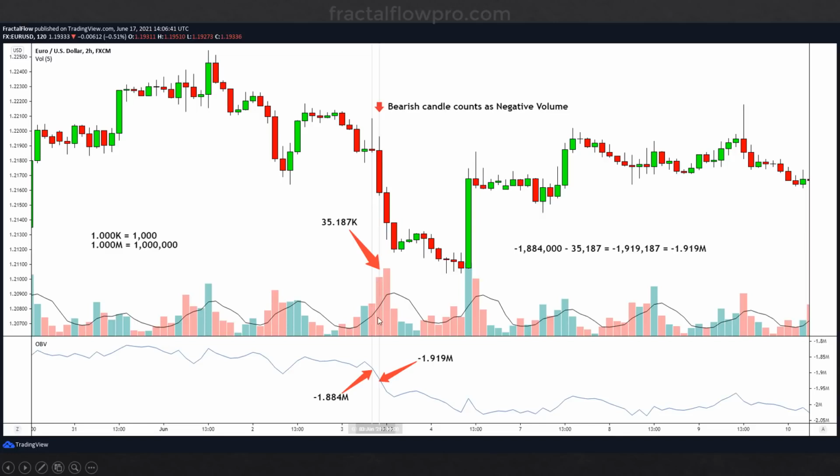The OBV value in the first period is minus 1.884 million, which means minus 1.884 times 1 million. In the next period, we have a large bearish candle with a volume equal to 35.187 thousand, which is the same as 35.187 times 1000.